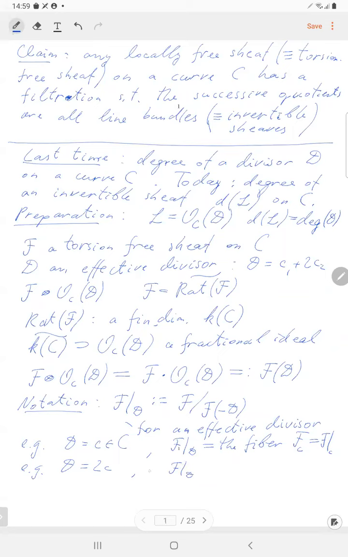Okay, so nothing changes set theoretically from the previous example, but F restricted to this divisor will have, well, what to say, maybe the dimension over k of this restriction will be twice the rank of F. Okay, so it's not just set theoretic. And maybe let me formulate it as a general claim that is obvious, but still let's have it for future reference.